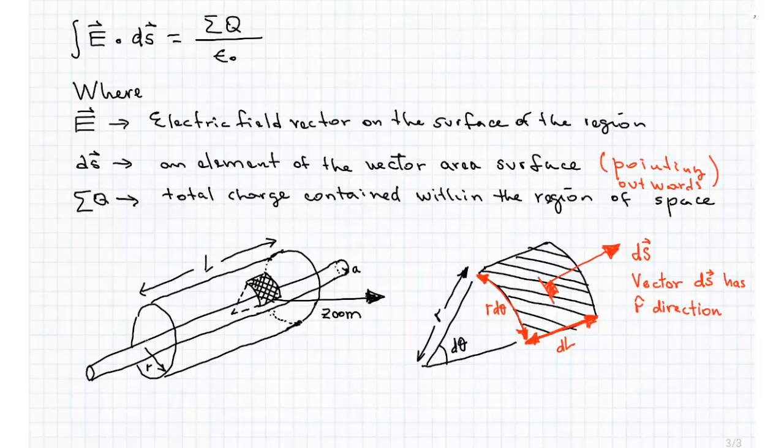This is the wire that is charged with charge Q, and I draw the Gaussian surface. We have the radius r of the Gaussian surface and the length L of the Gaussian surface. And I draw an element of area here.